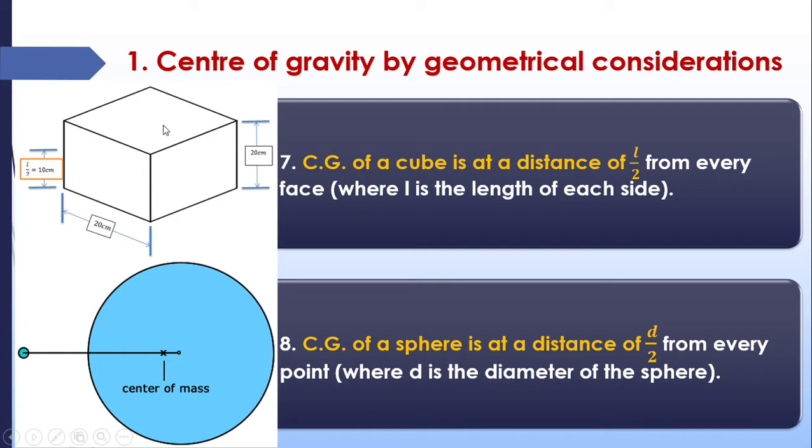That is at the center point or middle point of the cube. In the case of a sphere also, it lies at the exact center point. That is d by 2 from every point, where d is the diameter of the sphere and d by 2 is the radius. So it lies at the very midpoint of the sphere.